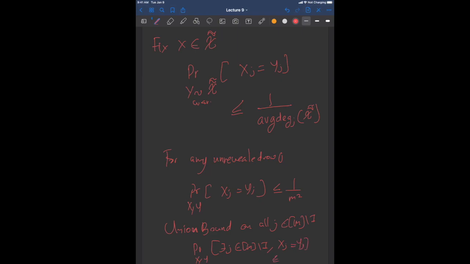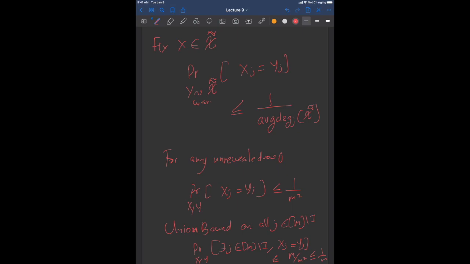It's the number of unrevealed rows times this probability, right? The number of unrevealed rows is at most m, so that's m over m squared, which is like 1 over m. So if you sample two matrices uniformly at random, the probability that there is at least one equal row in the unrevealed rows is at most 1 over m.